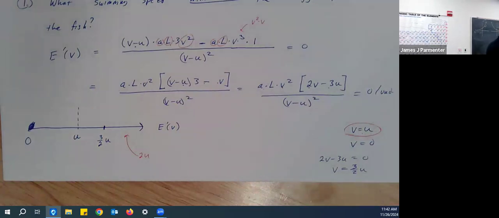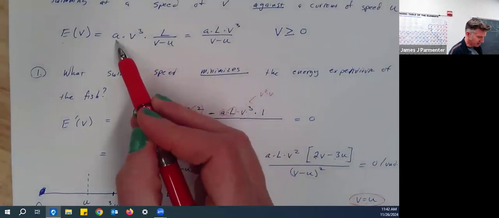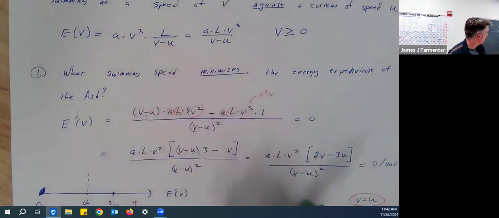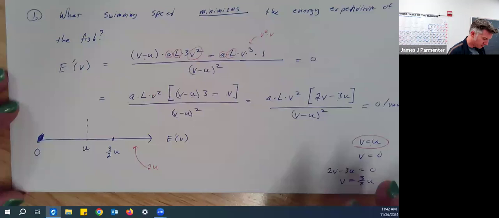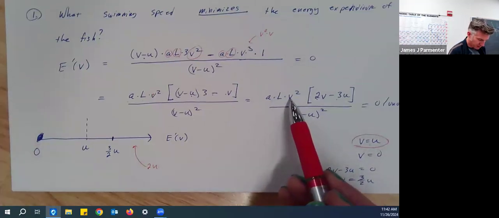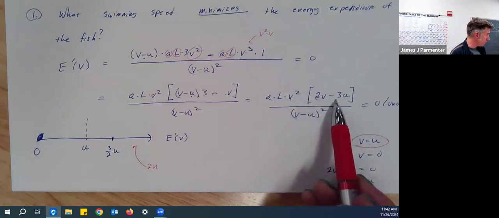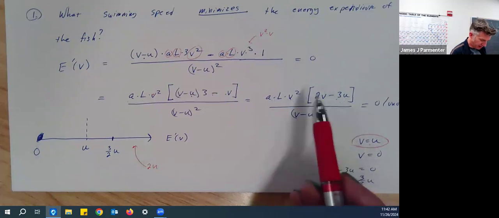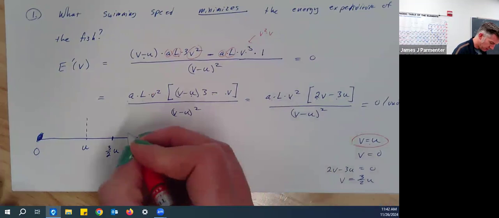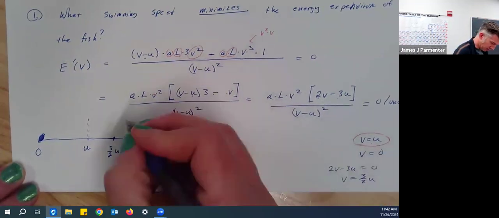We're talking about energy here. If this is our energy equation, A should be positive, V should be positive, L should be positive. So twice u, positive, positive, positive, and 2 times 2u is 4u minus 3u is still 1u, which is positive. So positive, positive, positive, positive, and the bottom is for sure positive. So over here, my first derivative is positive, so my function is increasing.